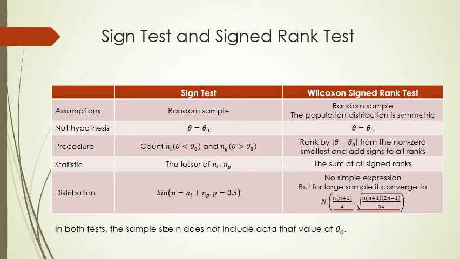Please notice that in both tests, the sample size n does not include data at theta 0. In the sign test, n is NL plus NG, and in the signed rank test, n is the number of observations with rank.